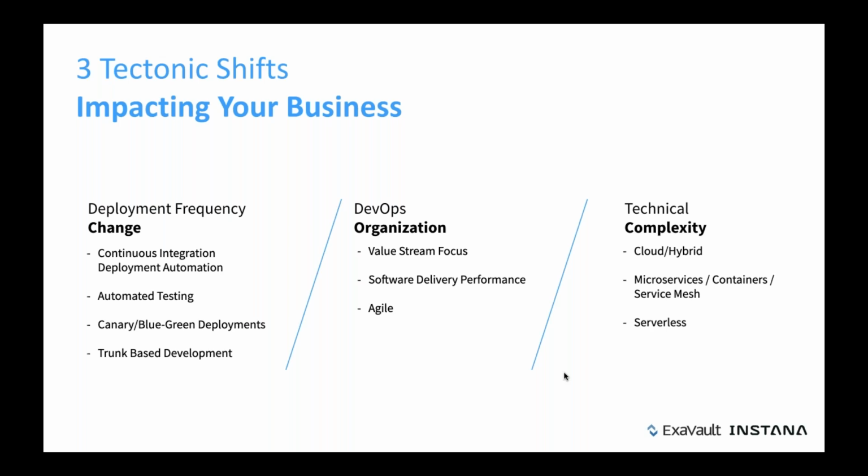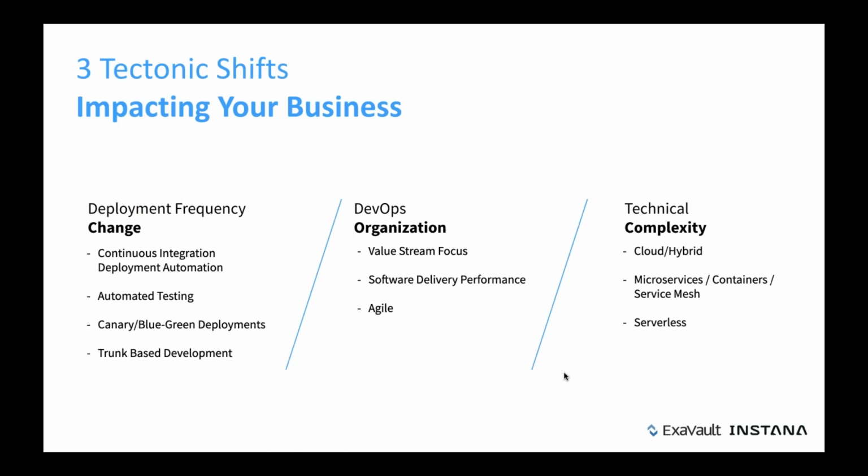So with this technology, organizations are doing everything they can to automate each and every step of their build and release pipelines. And in order to achieve this, we've needed to change the way our organizations operate by bringing development and operations closer, focusing on value streams, software delivery performance, and following agile methodologies.